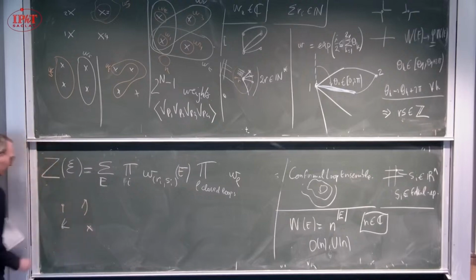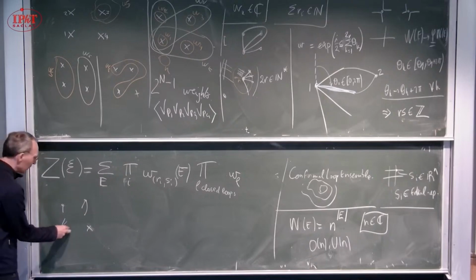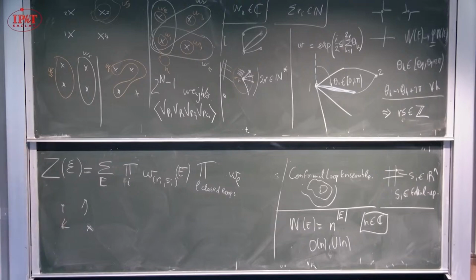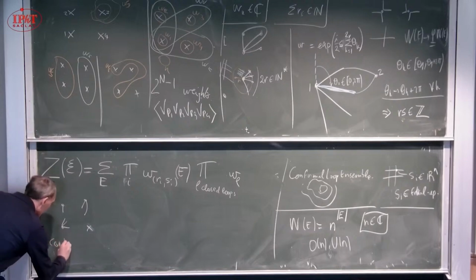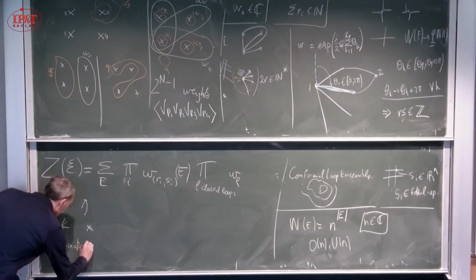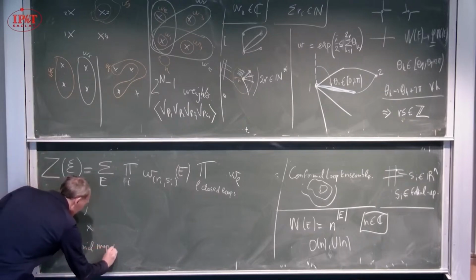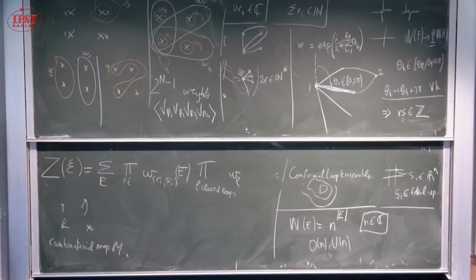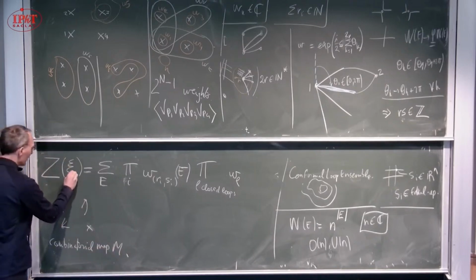And so let's assume, for instance, that I have a configuration here, a trivalent puncture, one valent and two valent. Now, without breaking conformal symmetry, I can specify basically which puncture is connected to which other puncture. And this data is called the combinatorial map. And so my sum will depend on the choice of a combinatorial map.